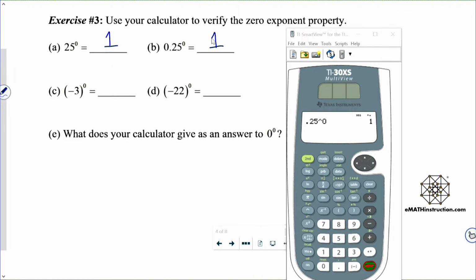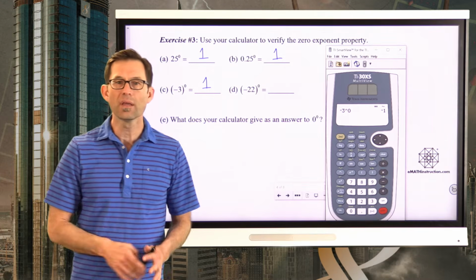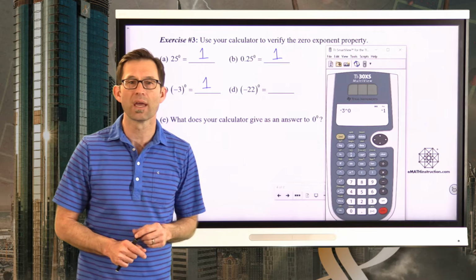Now again, I want to be careful here. I'm going to put parentheses, -3, parentheses, raised to the 0 is equal to 1. And again, the reason I want to do that is that if I leave the parentheses off, notice I get -1. And that's not because -3 raised to the 0 is -1.